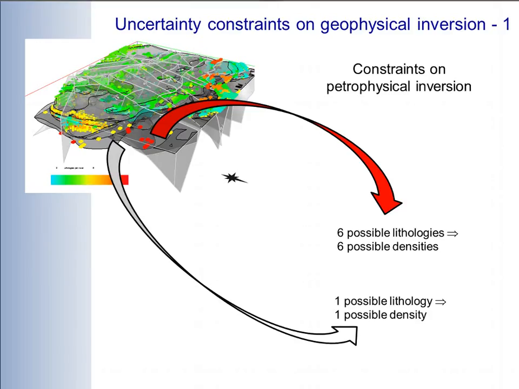So one of these, for example, is that here we have our 3D voxel model of uncertainty, and we can say that where it's transparent, we always got the same petrology. Therefore, the possible range of petrophysical responses for that voxel are probably going to be quite narrowly defined. When we go to the red areas, there were 6 possible lithologies.